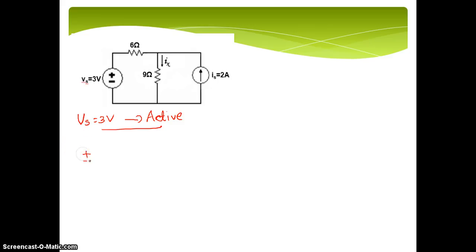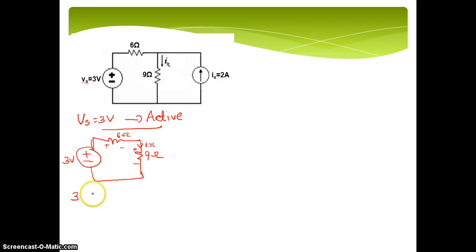So how will our circuit be now? It is a 3 volt voltage source. You have 6 ohm. You have here 9 ohm. And the current source will be equal to 0, which means it is an open circuit. So how can you calculate the current Ix? This is the current Ix shown, by KVL, right? So this is plus minus, KVL.